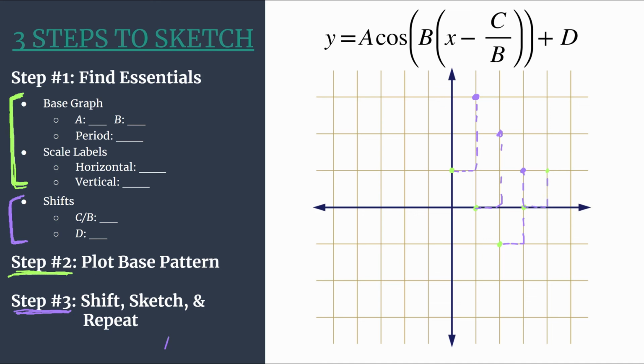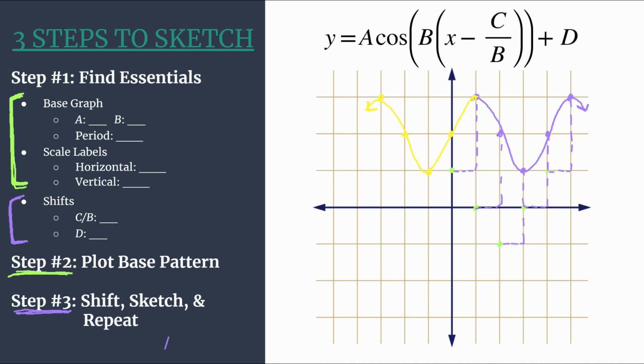Watch some of those videos of specific examples and this will all really fall into place. For all of these, we move right and up, and then you would sketch your graph into place. You could repeat if you wanted to. You would just move 4 horizontal tick marks to the left, 1, 2, 3, 4, and repeat the purple pattern, and you would see you have another cycle of cosine.